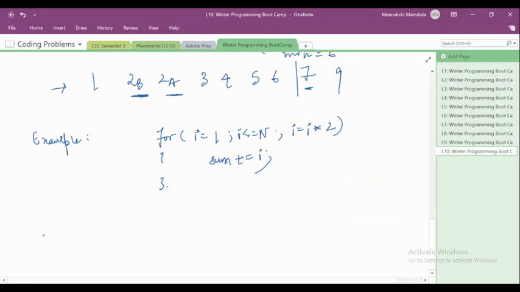Let me write down another example as well, and then we can discuss both of them. So let us say I have a function.